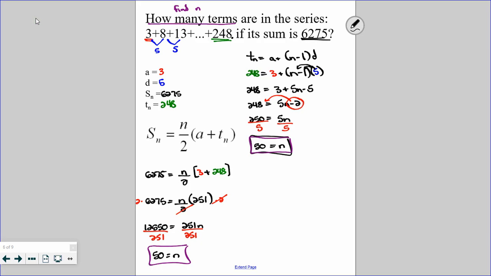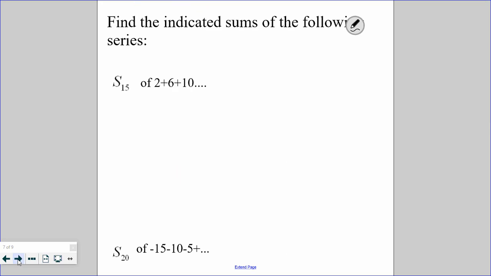No. You have to make a decision, though. Know that this formula works for an arithmetic sequence. It is helpful when we're working with arithmetic series. This one is only when you're particularly looking for a sum. I think there's one more example.